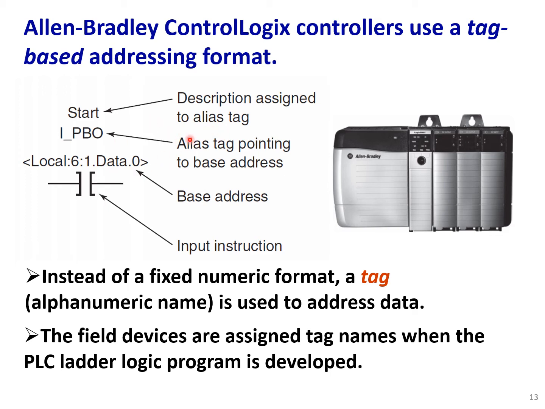So we could basically assign a name, for example, start to I1.0. And instead of using the direct address of I1.0, we could use the alias name or tag.